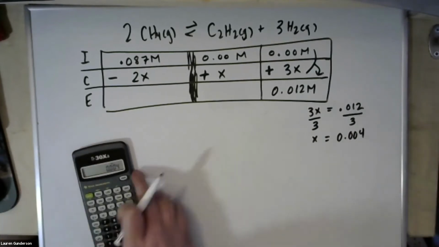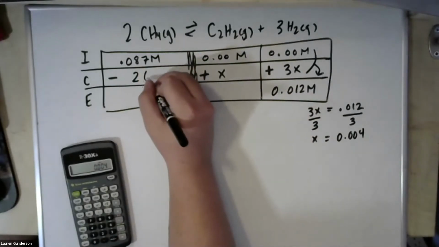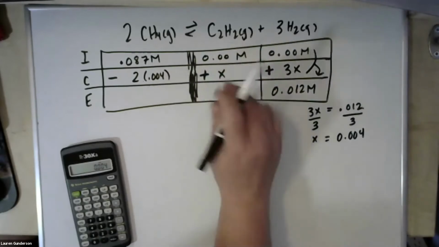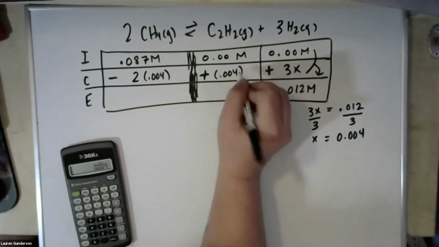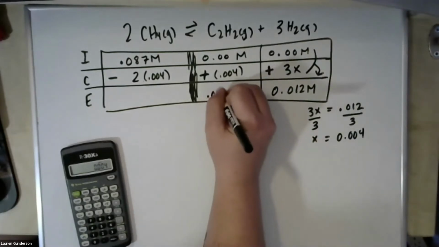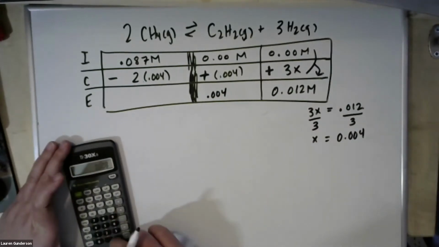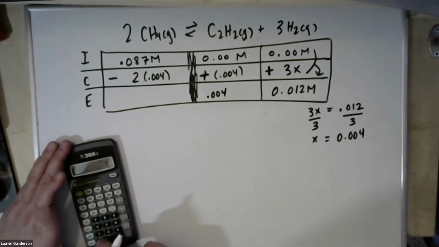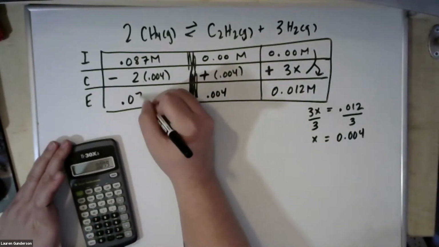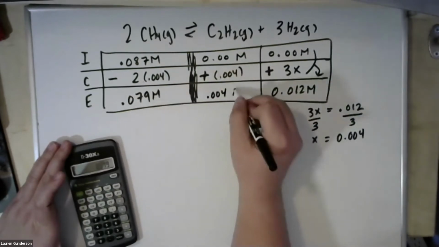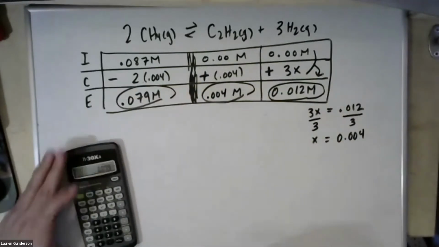So there's our x value. We're going to plug this in now for these x's, and we're going to solve for our equilibrium. So this will be 0.004. This will be 0.079. These are equilibrium concentrations that we can use to solve for Kc now.